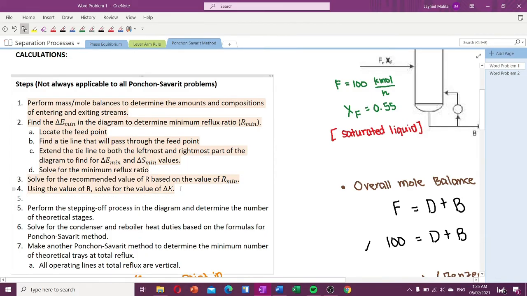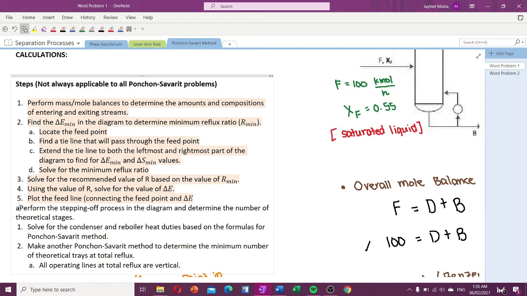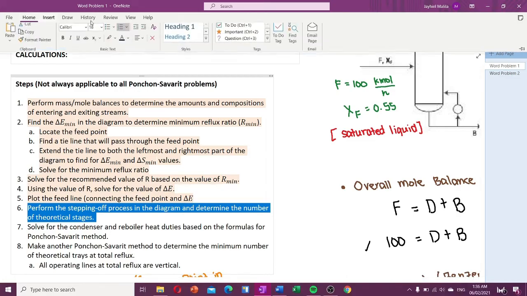Yeah, I think we can just plot the feed line, connecting the feed point and delta E. And I think we can also connect it to delta S. Oops, apologies.